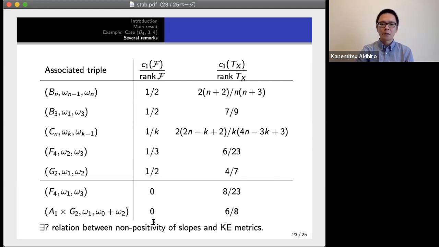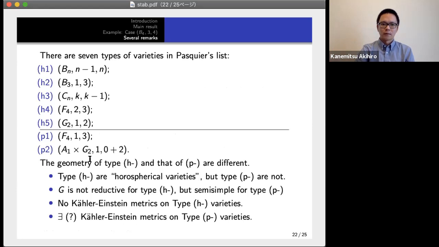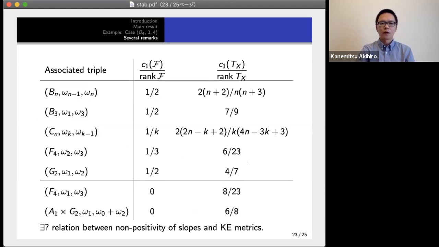But for type P varieties, slopes are 0. So the foliations are Calabi-Yau foliations. And for type H varieties, they are not Kähler-Einstein, but type P varieties are Kähler-Einstein. So we can ask a very naive question, whether there is a relation between the positivity of slopes and the Kähler-Einstein metric. And this is the first remark.